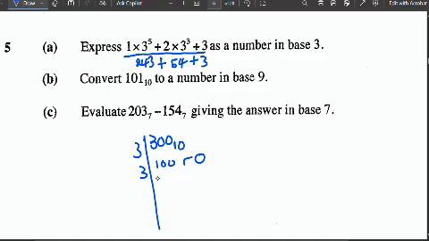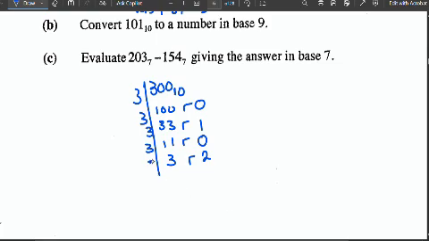3 into 100, that's 33, remainder 1. 3 into 33, that's 11, remainder 0. 3 into 11, that's 3, remainder 2. 3 into 3, we get 1, remainder 0. 3 into 1, that's 0, remainder 1.